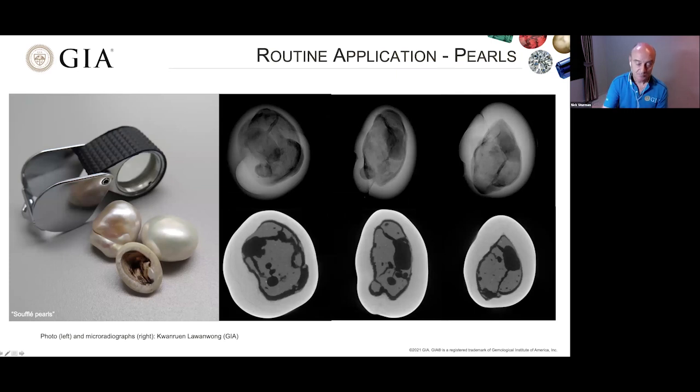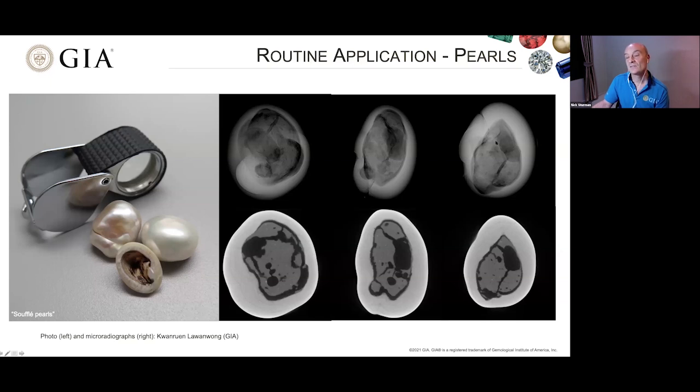Sometimes we see pearls that show slightly different structures and they can be unique. So for example, this is the soufflé cultured pearl, which was introduced in the market around 2010. And when we x-rayed them, we found that they appeared to be filled.